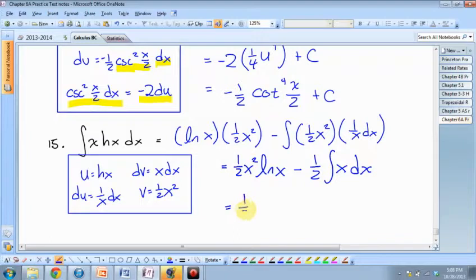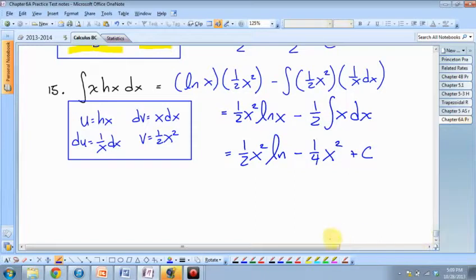Last integration. I think we can factor out 1/4 x squared.